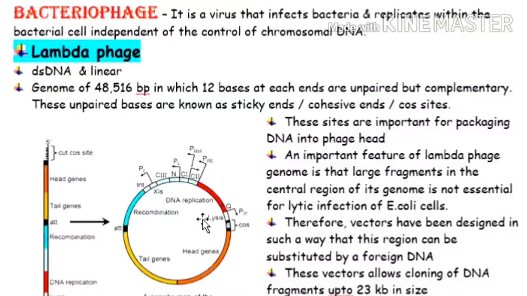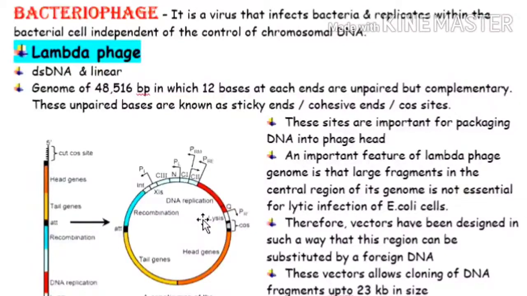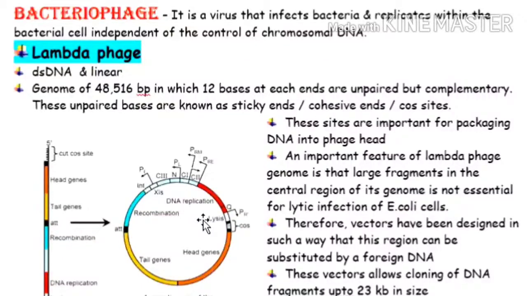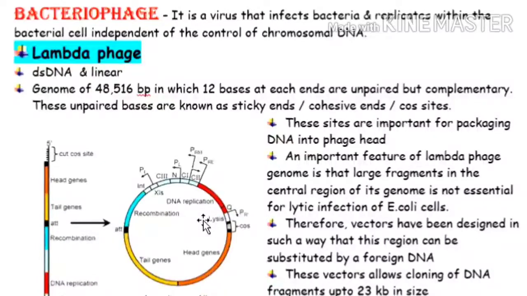So what we do is remove that major part of the genome which is not necessary for the lytic cycle, and put our desired gene in that area. As a result, many copies of our desired gene will be produced, because the function of the bacteriophage is not affected, meaning it can go ahead with the lytic cycle.